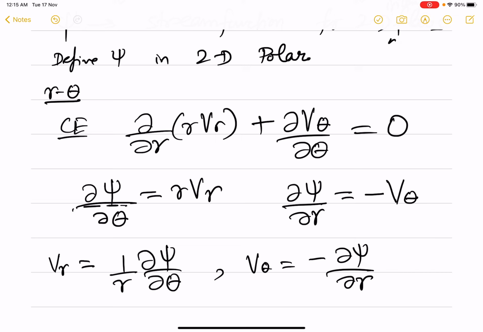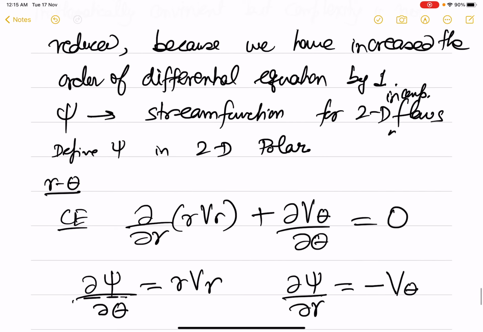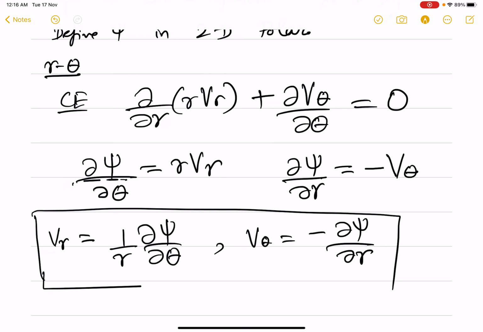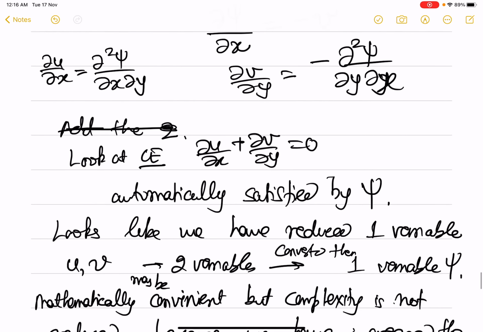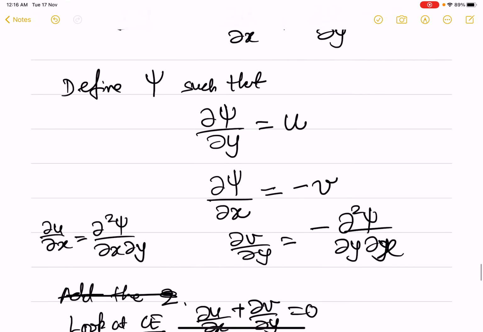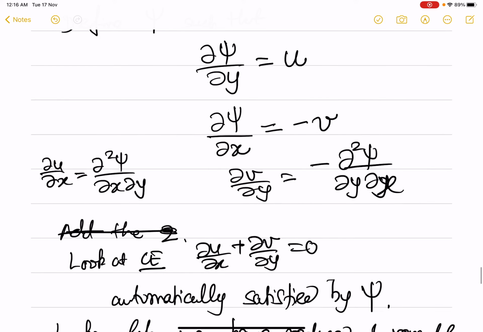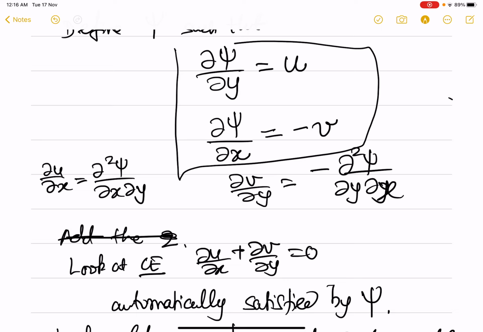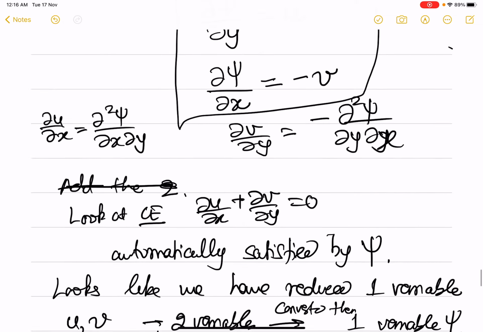And if you convert vx and vy in terms of vr and v theta, and x and y in terms of r and theta, you will get the same definition of psi as the earlier definition. So this is how we define the velocity components as derivatives of the stream function. These are the two definitions of psi which we have done.